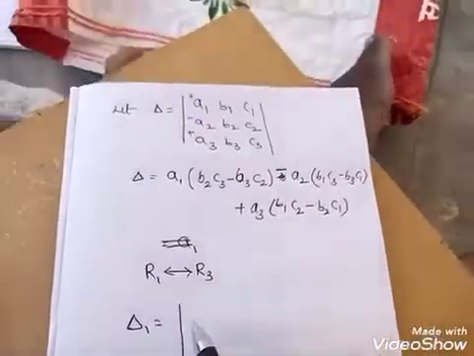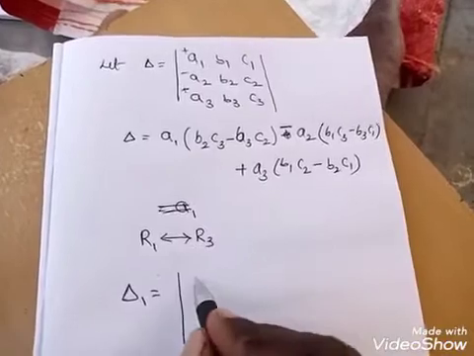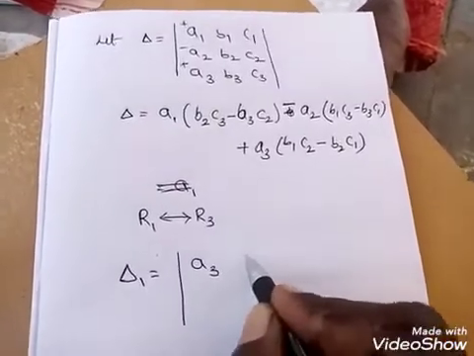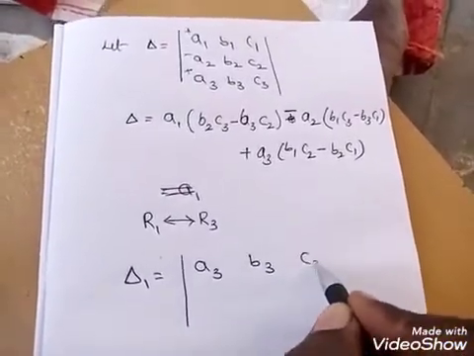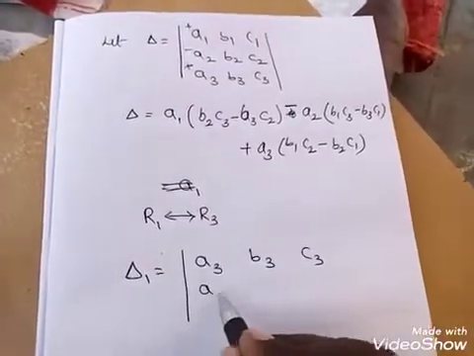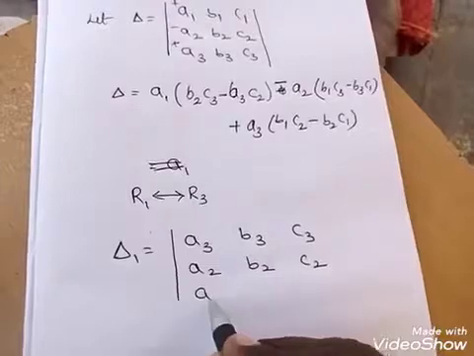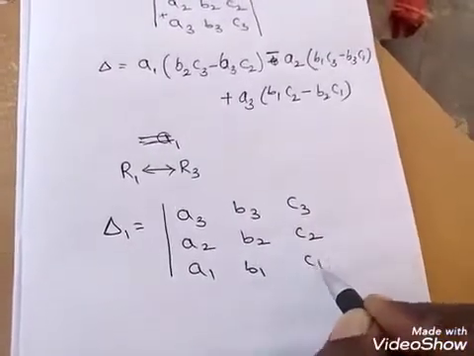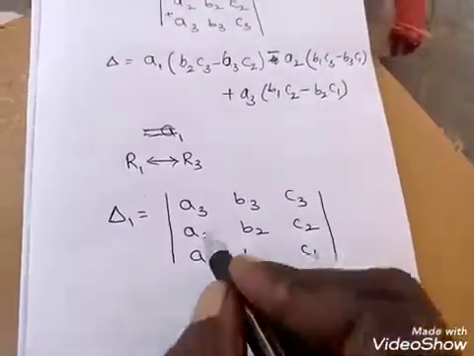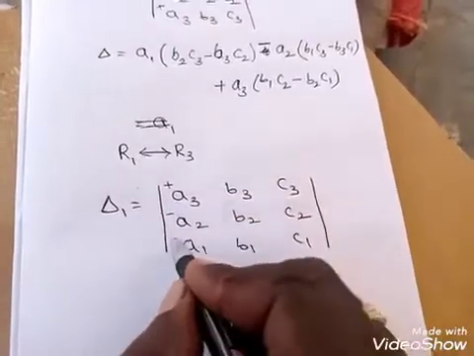Now R1 and R3 interchanged, you are going to get A3 B3 C3, R2 as it is, A2 B2 C2, and A1 B1 C1. Now this is plus, minus, plus.